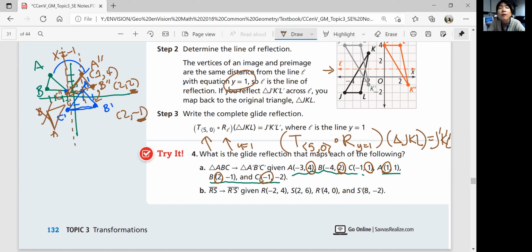How many units are you going down? 1, 2, 3. 3 units. So what can you say? You're translating 3 units down, which is 0, comma -3, after you reflect across line x equals -1. Okay, let me rewrite that.